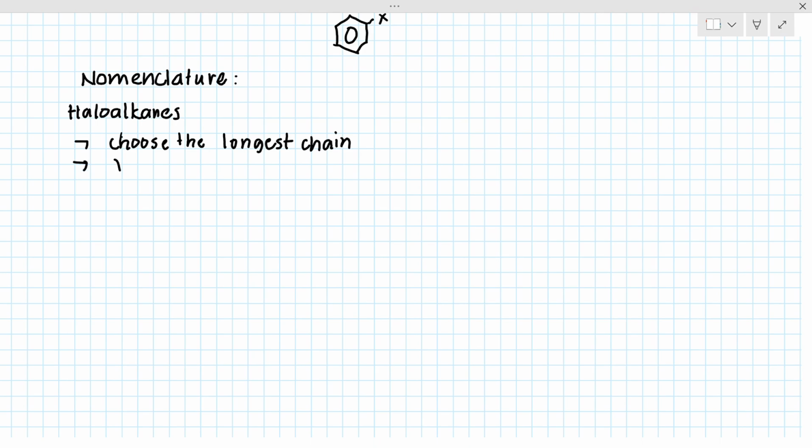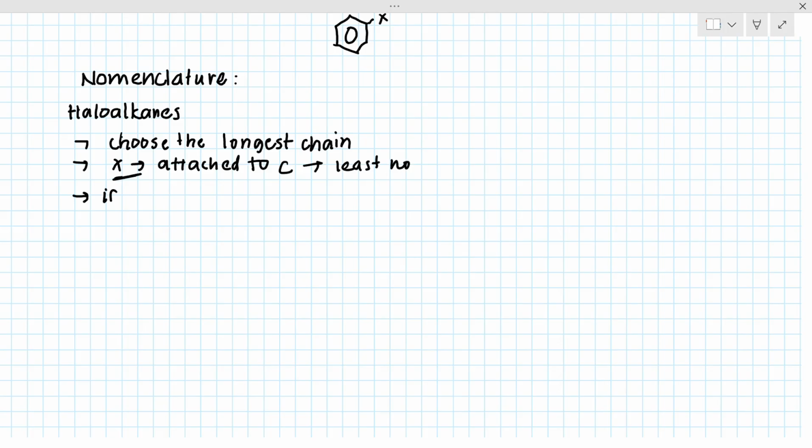Next, halogen. Halogen is attached to the carbon that is given the least number. So the halogen should get the least number.